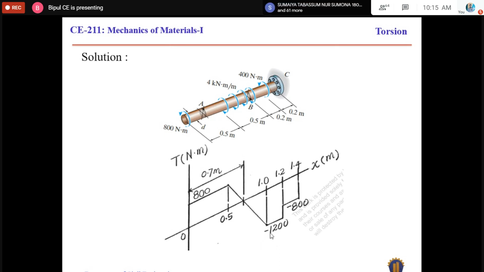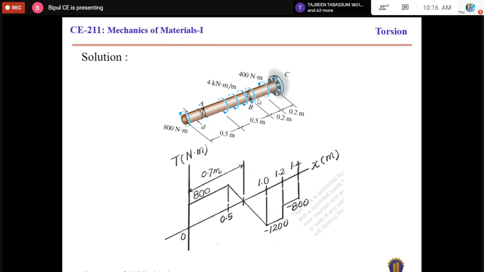So the variation of developed torsion from this point to that point will be indicated by a line joining this point and that point. You will learn it clearly when you learn how to draw the shear force diagram and bending moment diagram. Do not worry, it will be very clear from there.